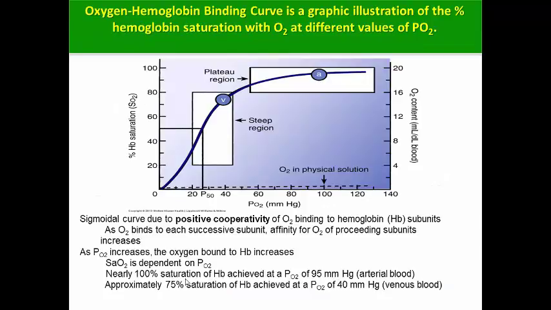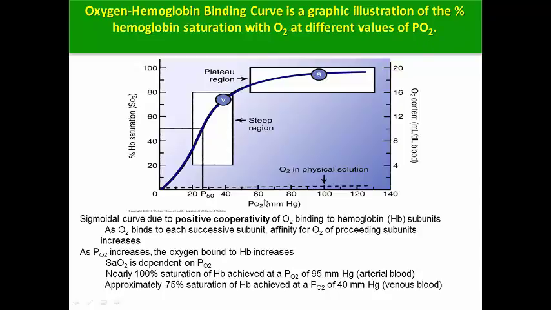Now, let's describe a very important physiological concept related to oxygen transport, which is the oxygen hemoglobin binding curve. This curve is a graphic illustration of the percentage saturation of hemoglobin with oxygen on the y-axis at different values of the partial pressure of oxygen.